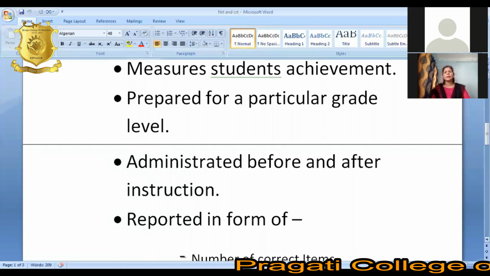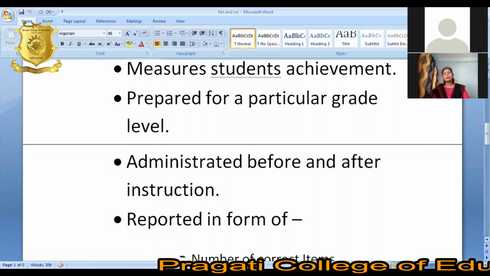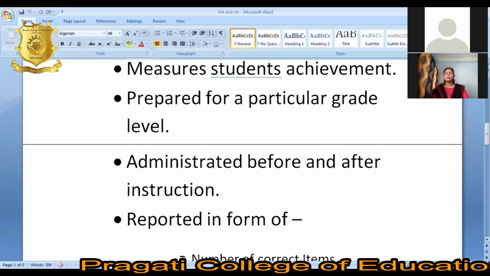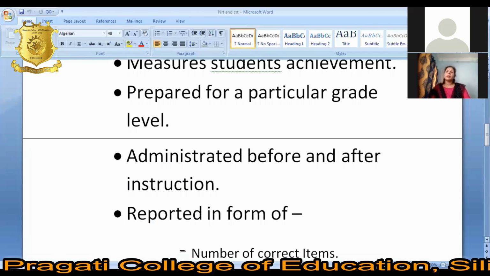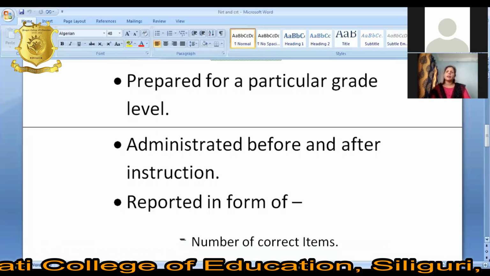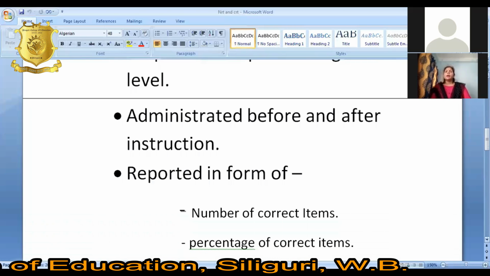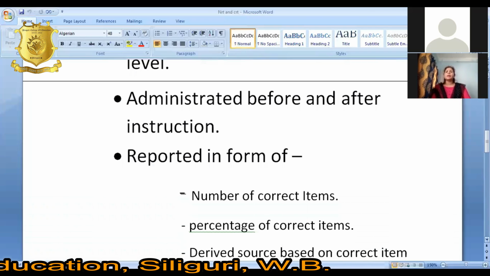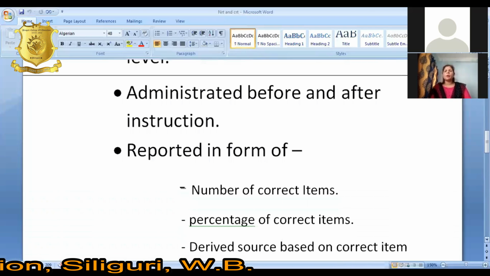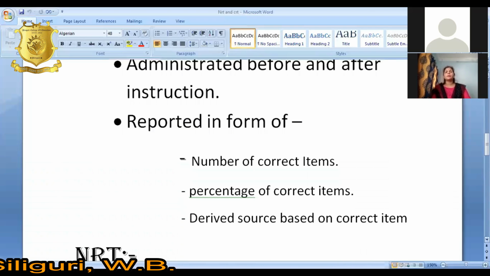After finishing the lesson, the teacher will also evaluate the students, and that is also a CRT test, administered after instruction. One more characteristic is that it is generally reported in the form of the number of correct items, the percentage of correct items, and a derived score based on the correct items. Now our CRT is over.